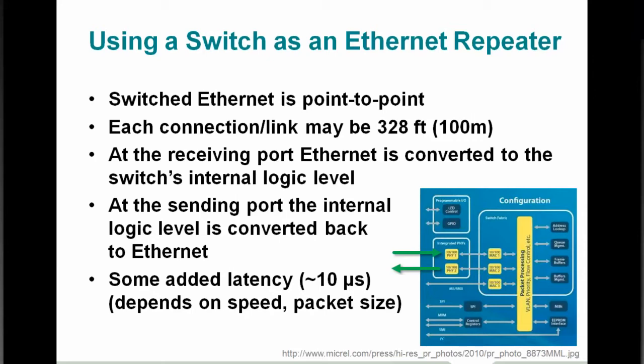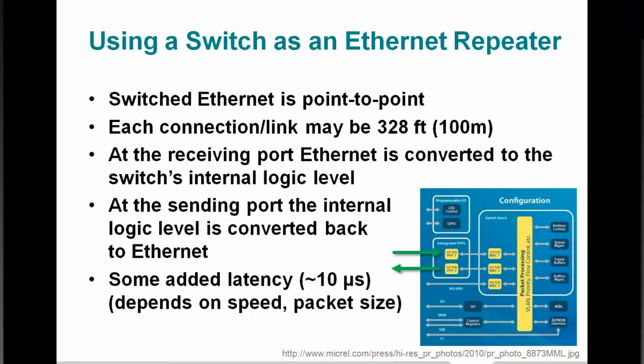There is a little caveat, though: there is a little bit of switching time to go in and out of the switch, but it's very minor. Typically it's in the range of 10 to maybe 150 microseconds, which is almost imperceptible in most applications, and that depends a little on speed and the actual message or packet size you're transferring.